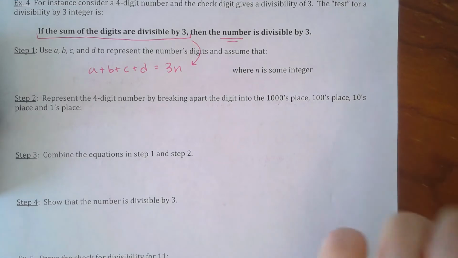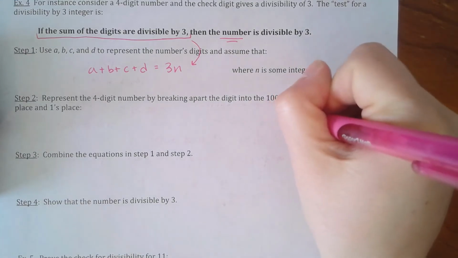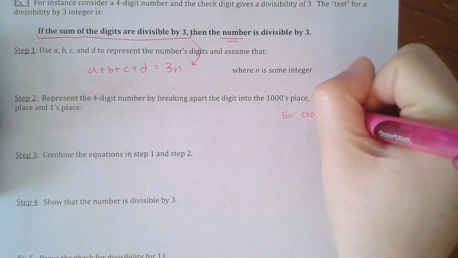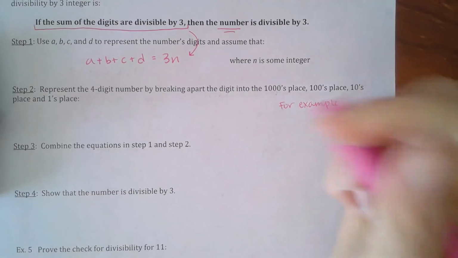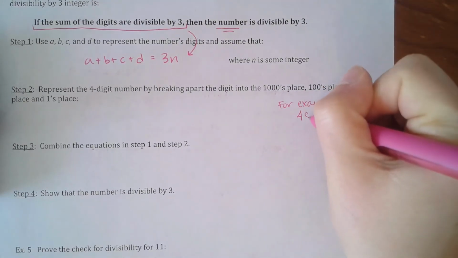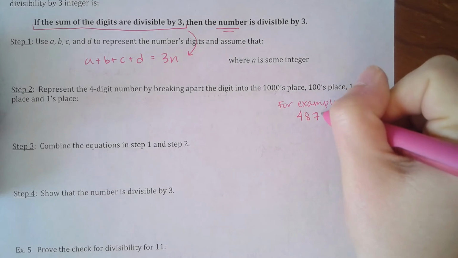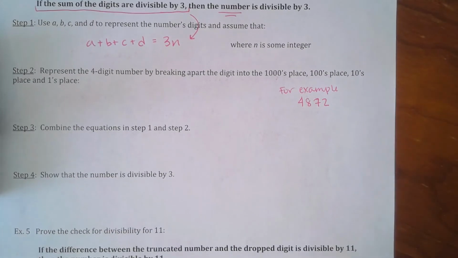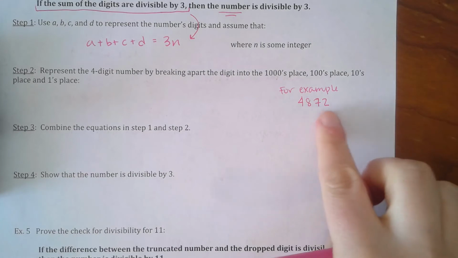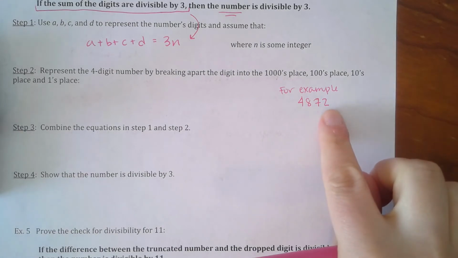So for example, let's say I want to represent the number 4,872. I can't represent it as A, B, C, and D because, again, that would look like a product, so I don't want to say that.